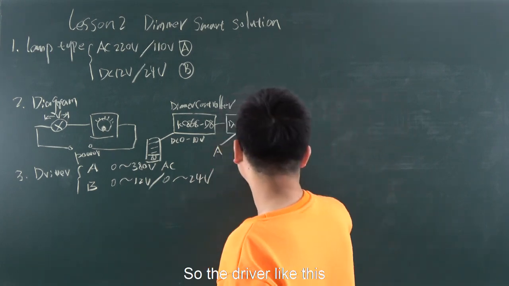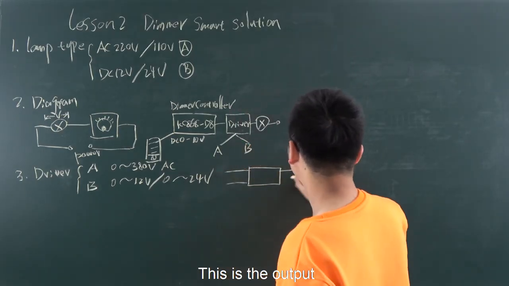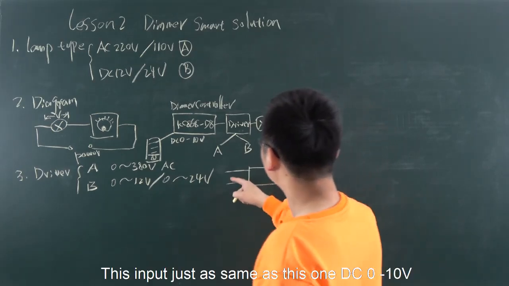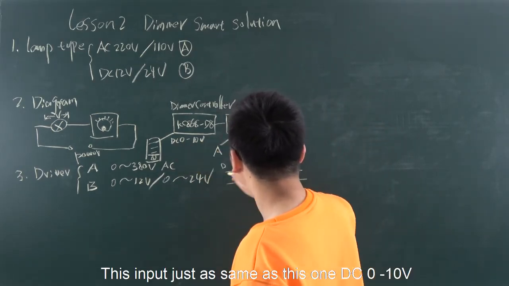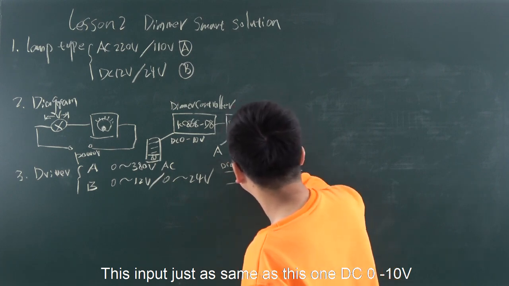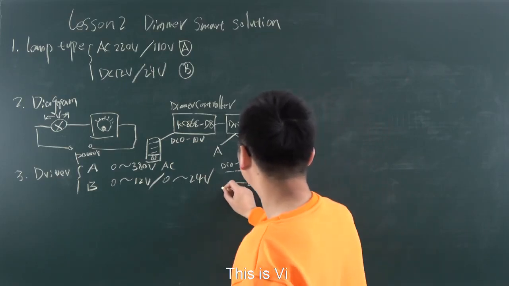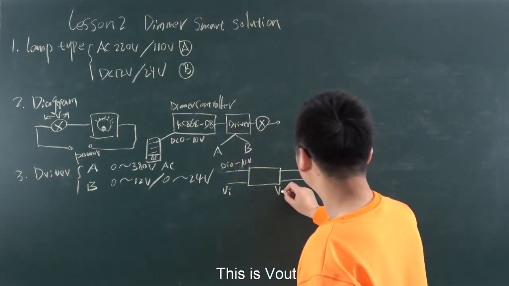So the driver looks like this. This is the input and this is the output. The input is the same as this one, DC 0 to 10 voltage. This is V in, and this is V out.